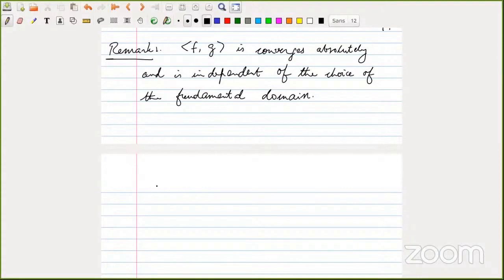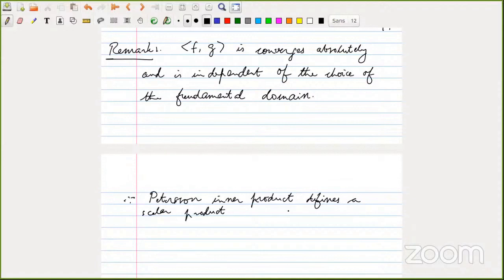Therefore, the Petersson inner product defines a scalar product on S_k(Γ).